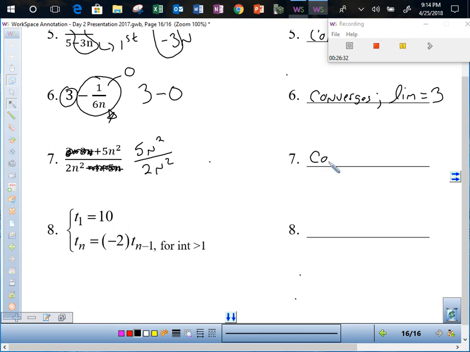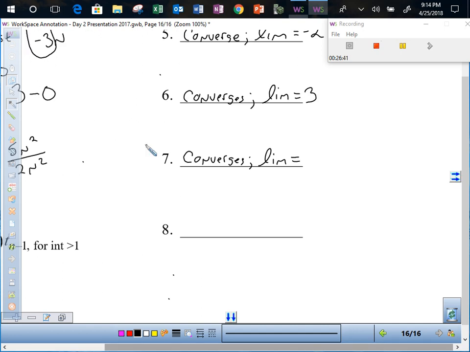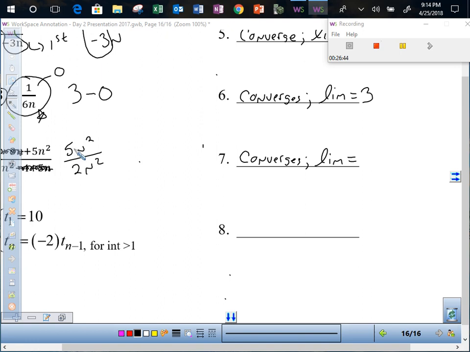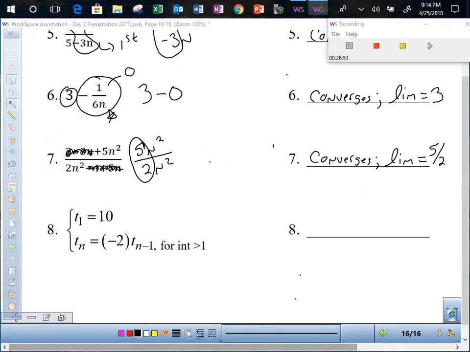Since the powers are the same, this converges for sure. Look at the coefficients, and I'm going to get 5/2. So this has a limit of 5/2. It also means, guys, if we graph it, I have a horizontal asymptote at y equals 5/2. If there's a limit, there's a horizontal asymptote.